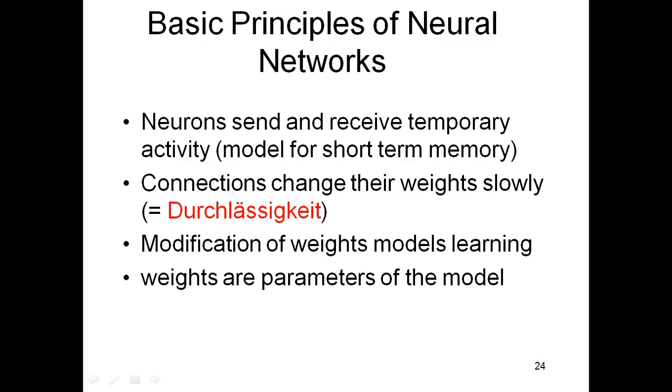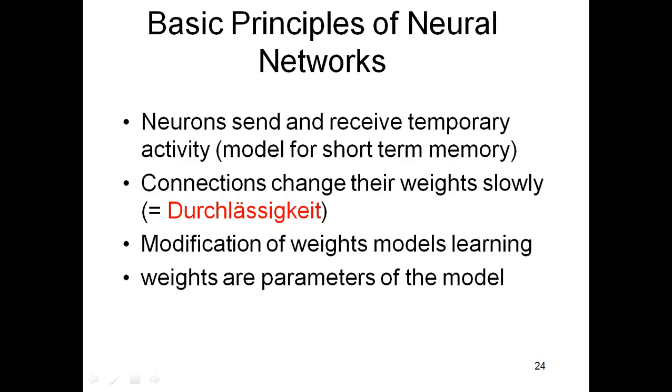Neurons send and receive temporary activity, and in our neural network model this is the metaphor for short-term memory, something that we think of right now. Our current activity in the brain, right, that we may forget in a few seconds. A few seconds later, other cells are activated.